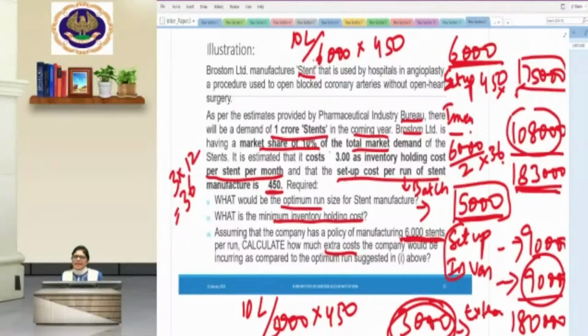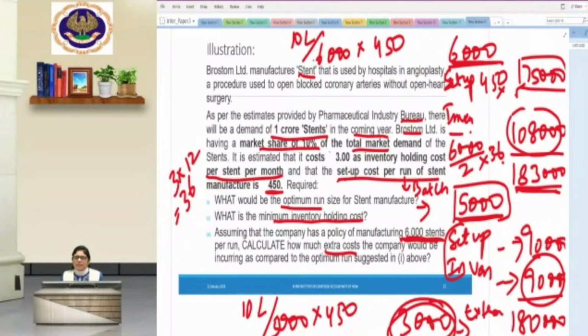So yes, the extra cost comes out like this, but you have to always compare with the total cost, because it's a mixture: setup cost plus inventory holding cost. So the total cost is 183 and the total cost is 180. So the extra cost should be 3,000. Don't compare only the inventory holding cost.